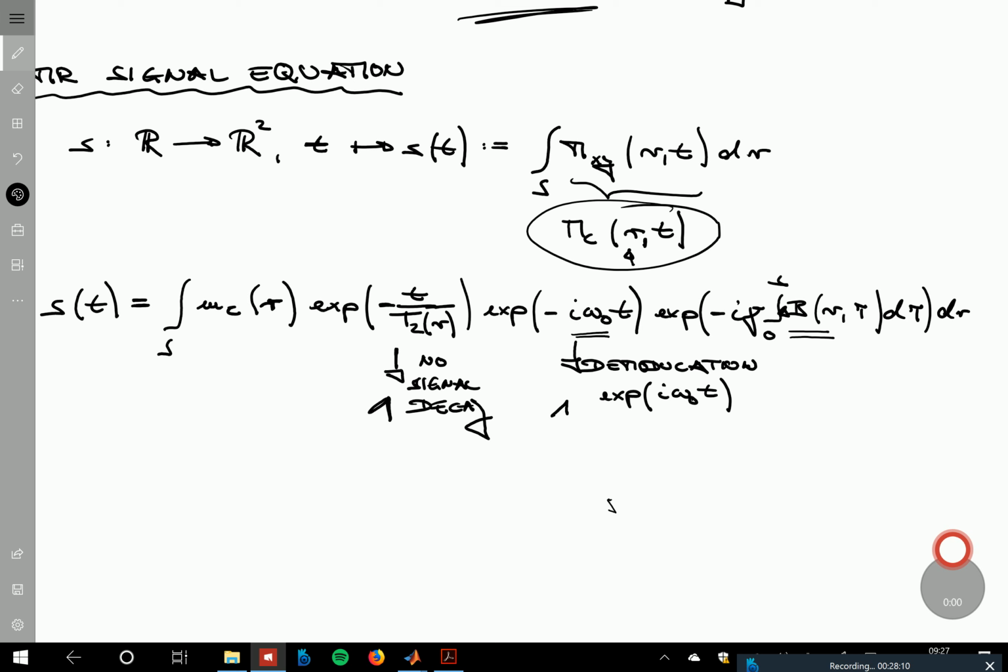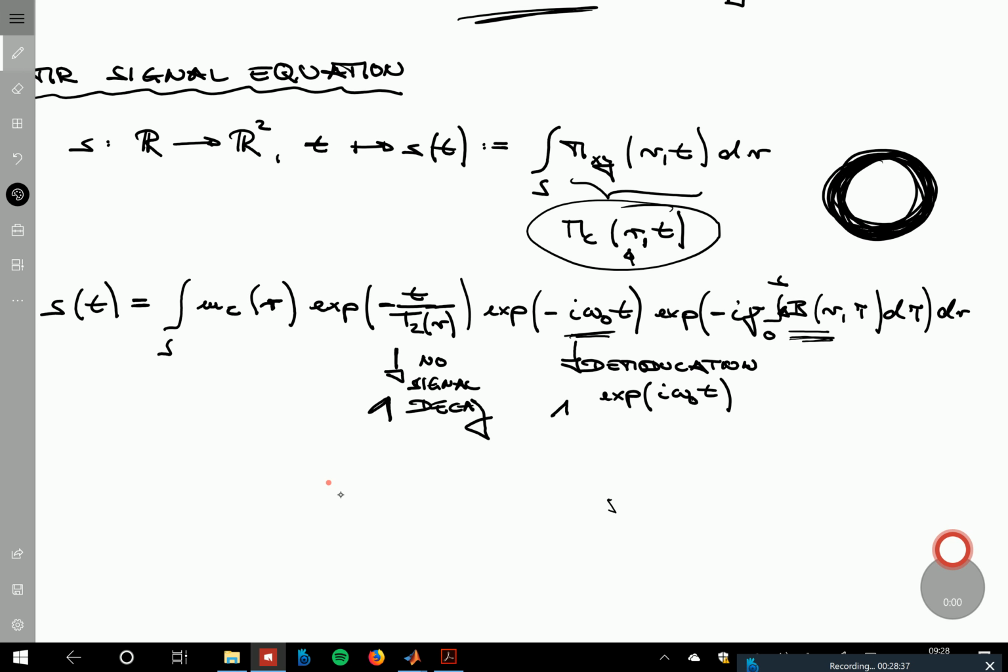Yeah? So if you think again in terms of sine and cosine, this term alone just describes a spinning movement that is not decaying, it's just doing this. And in addition, there is a variation in terms of phases or the frequency of spinning due to this term.